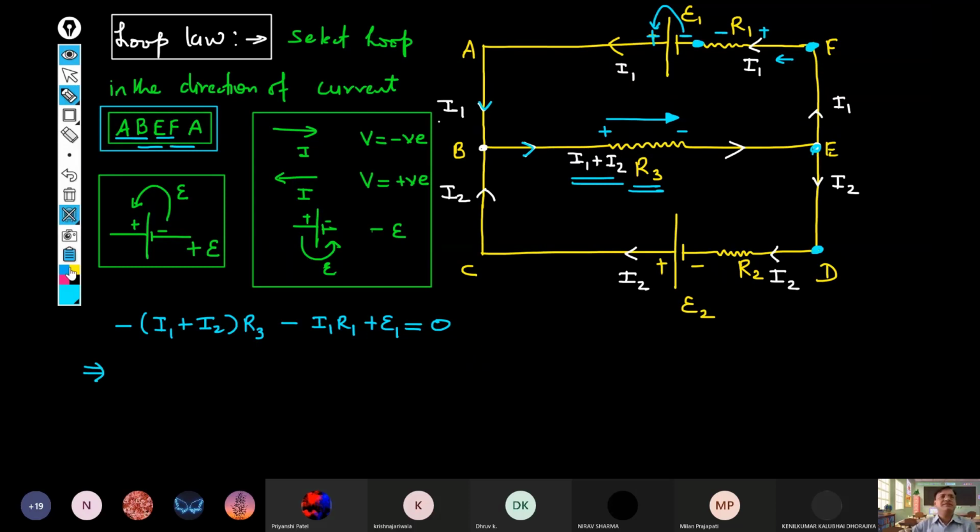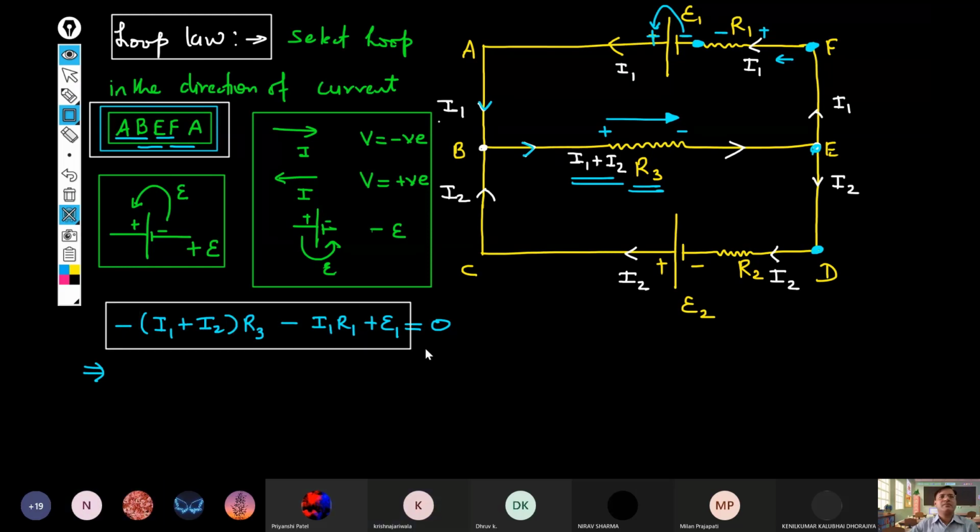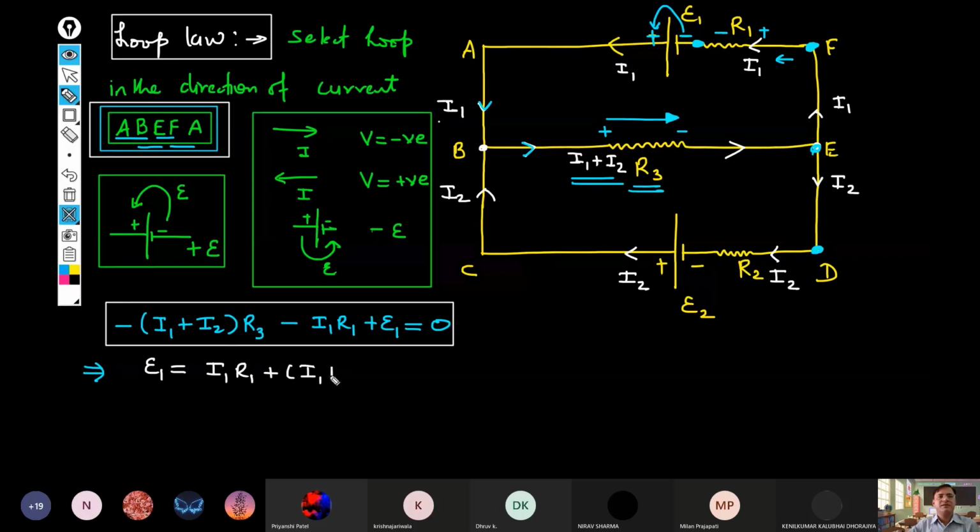Tell me everyone if you are clear with this or not. Yes, sir. Yes, sir. So simply I can say E1 equals I1 R1 plus (I1 plus I2) times R3.